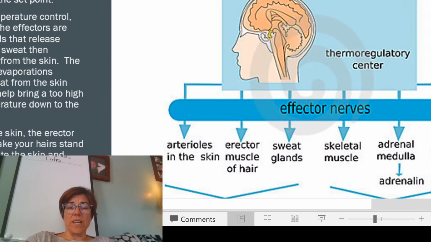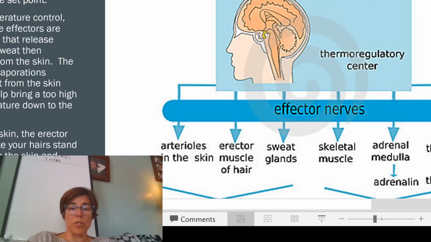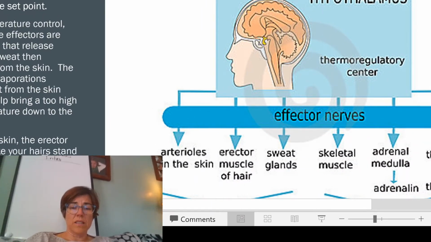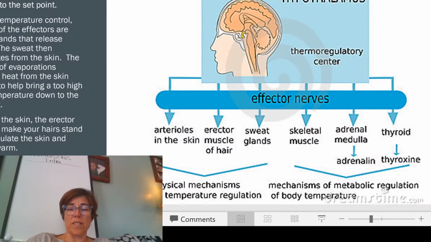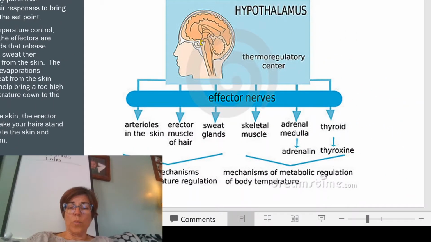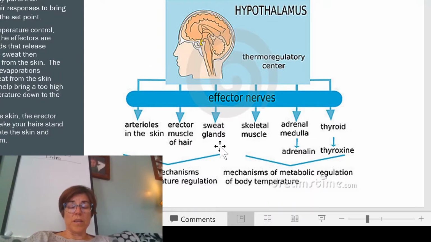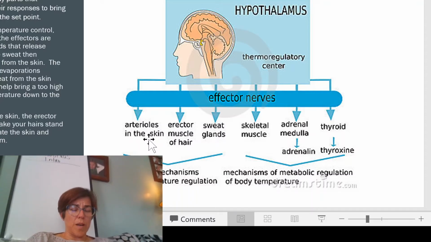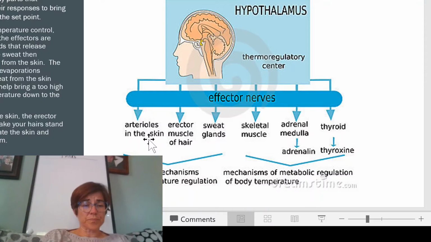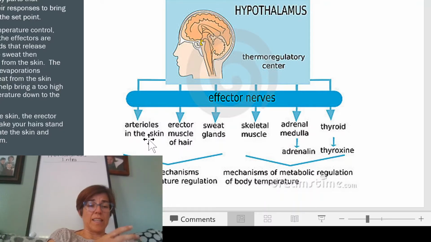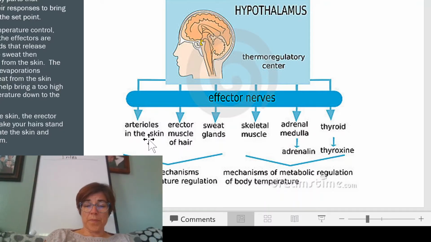Your effector, that's step 4, the effectors are the body parts that respond, and we have a couple of different body parts that would respond as far as your body heat is concerned. So in body temperature control, the effectors might be the sweat gland and the erector pili muscle that makes the hair stand up when you have goosebumps. It could be the arterioles, or those little tiny blood vessels under your skin, and whether they constrict or dilate to help hold on to heat or release heat.